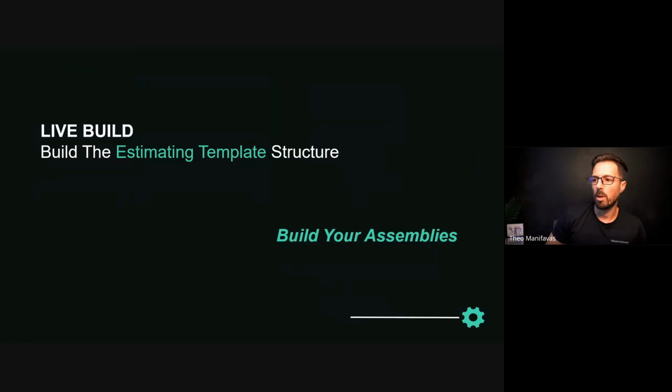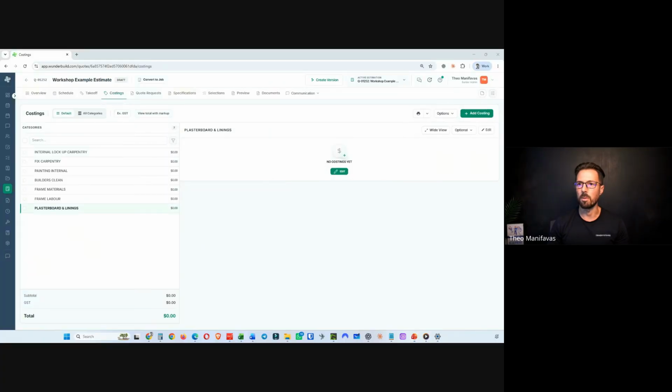All right, so let's build some assemblies now. I'll add into the chat the assemblies that we're going to build just from a naming perspective, and then you guys can copy them as well if that's easier.